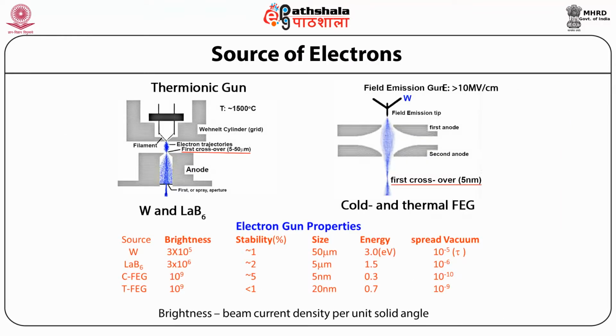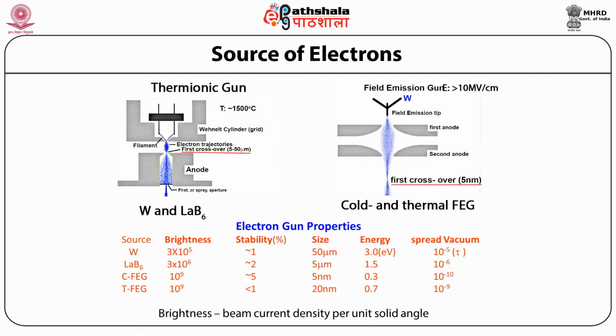Now let us compare the source of electrons from the thermionic gun and from the field emission gun. In the case of the thermionic gun, it can use the tungsten and LaB6 filament, and in the case of the field emission gun, it uses a tungsten filament.